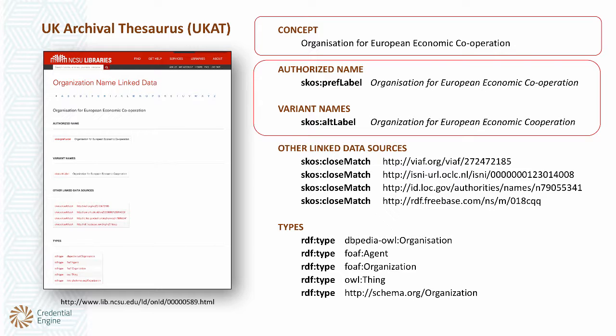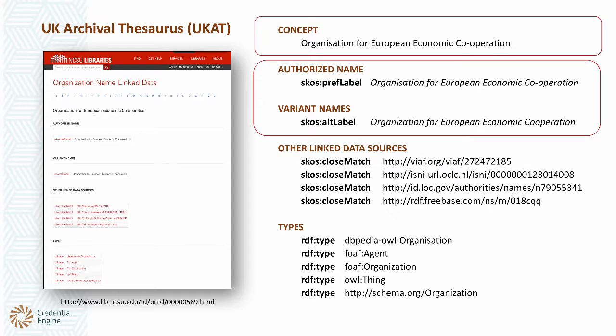The next block is really interesting. Other linked data sources. So this concept in the UK Archival Thesaurus of Organization for European Economic Cooperation has been linked out to these other data sets.